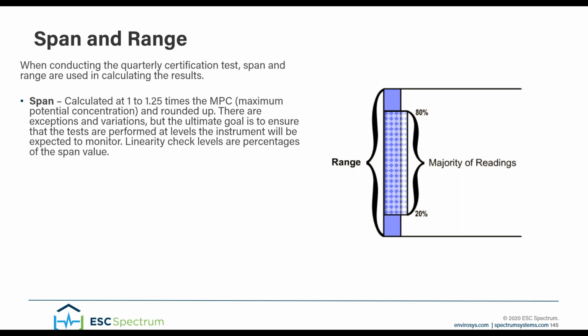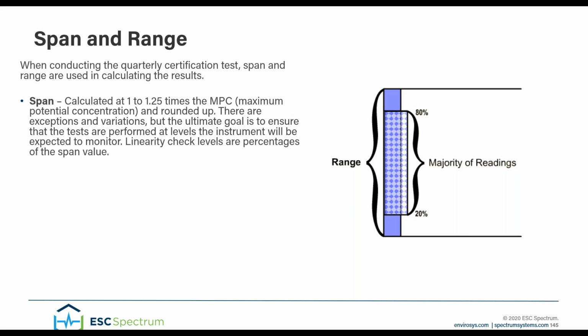Right. So our span, again, is calculated at 1 to 1.25 times the maximum potential concentration. And that's what we're going to use when we look at our linearities and our CGAs. If you think about your car, maybe this will help make it more understandable.